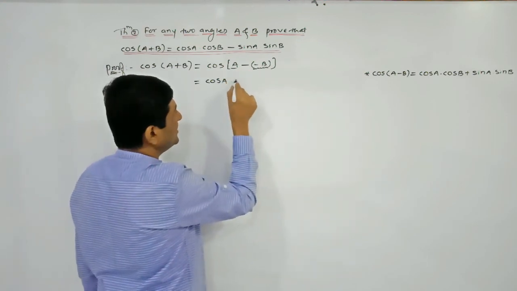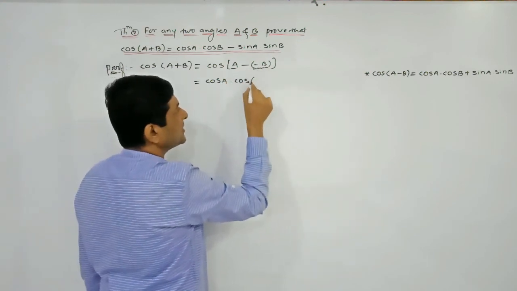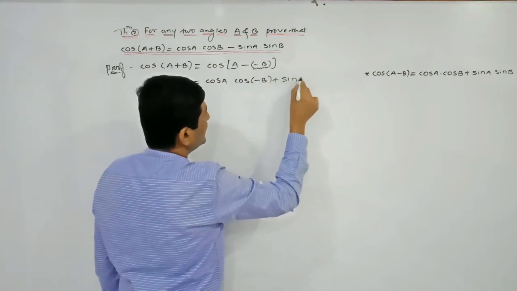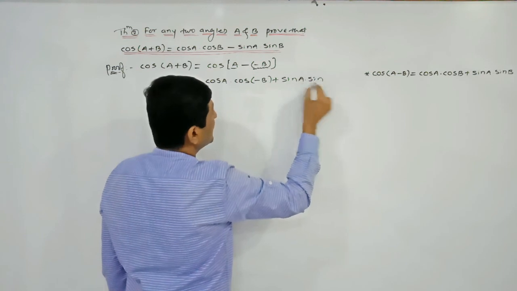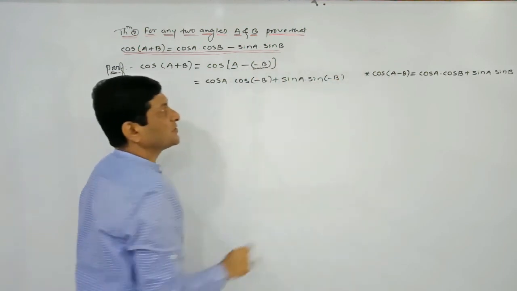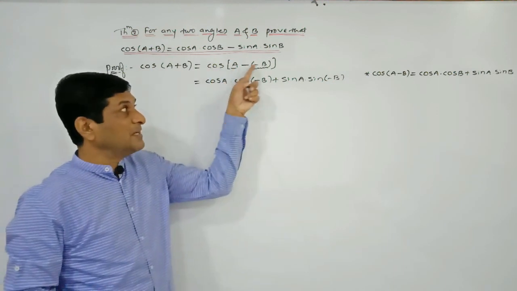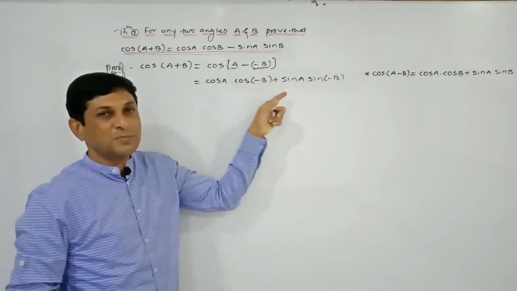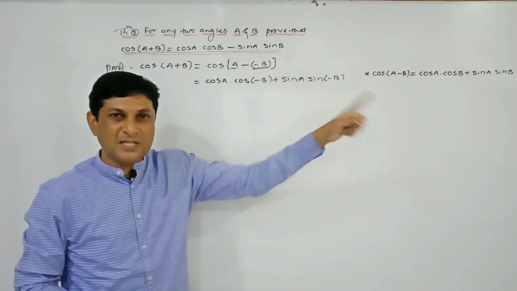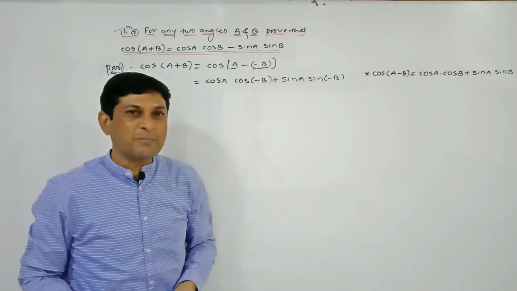Cos A into cos B, but B is minus B here, plus sin A into sin B, but the value of B is minus B. We have simply applied the formula that cos(A minus B) is equal to cos A into cos B plus sin A into sin B, but here the value of B is minus B. That's why in that formula we have replaced B by minus B.